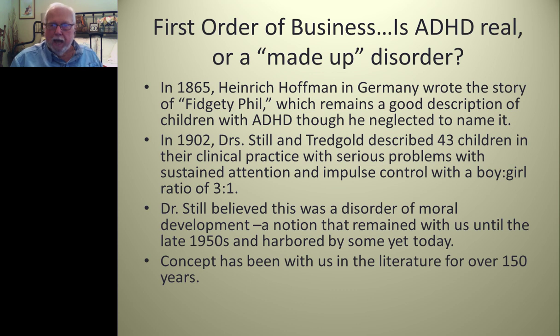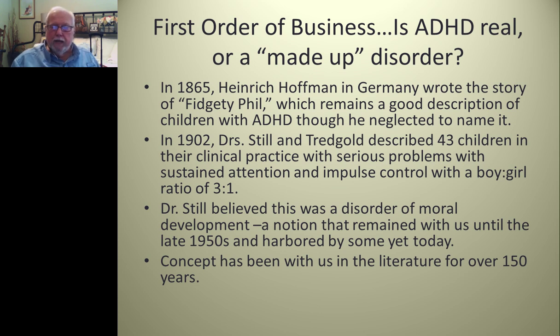And it describes Fidgety Phil's behavior throughout this formal sit-down dinner with his parents and friends. And it's such a wonderful description. Anyone who has an ADHD child will relate to this 1865 description. And you can find this later on the web and actually read the English translation of Fidgety Phil, or if you speak German, you can read it there.